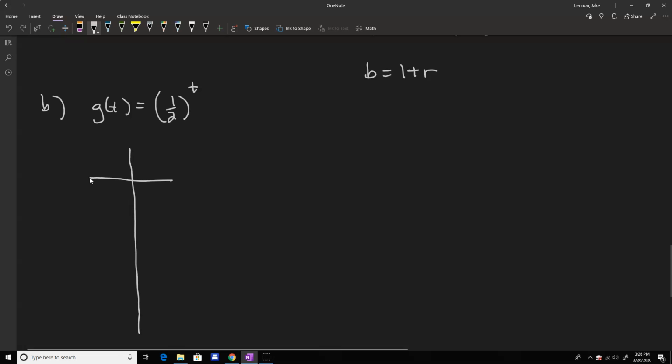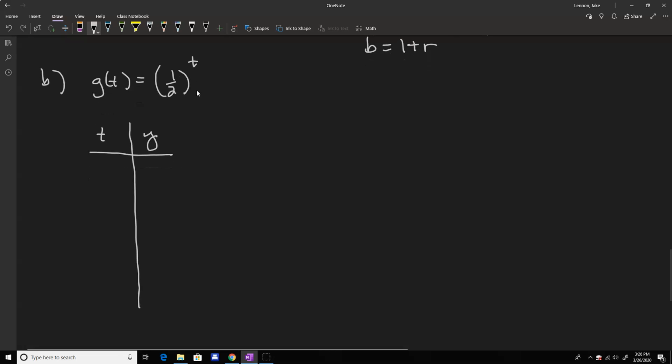And actually this one, if you look at the table, you're going to have very similar output values, except they're going to appear in the reverse order. So we're going to go from -3 up to 3, and we're going to increment our input values by 1.